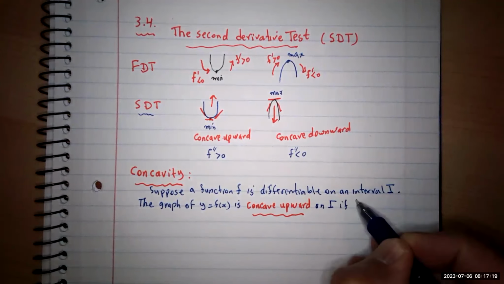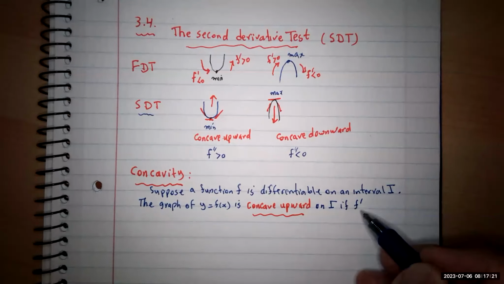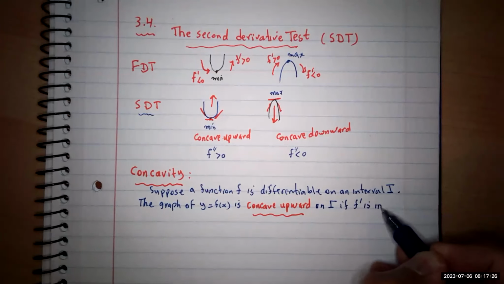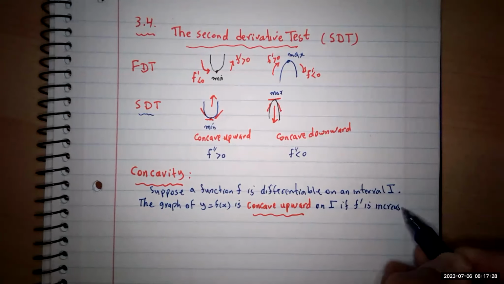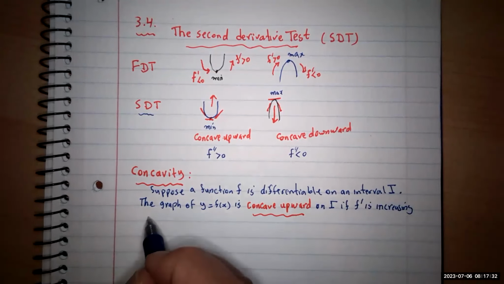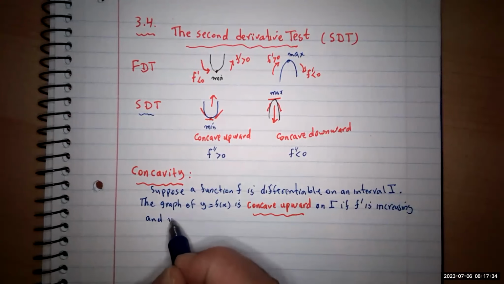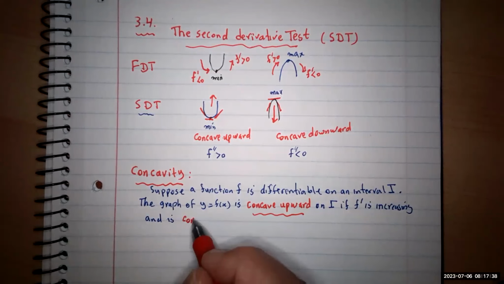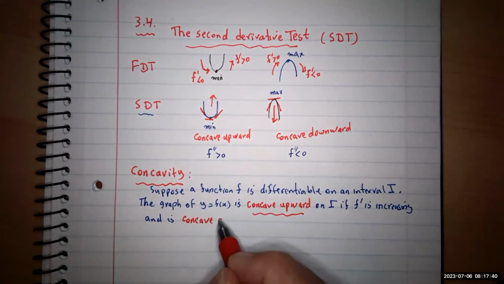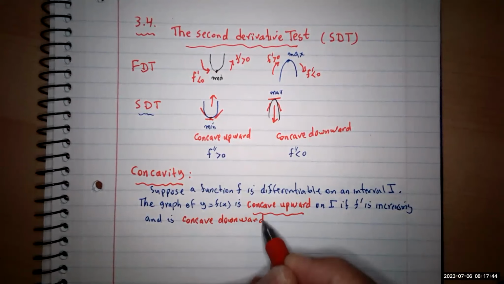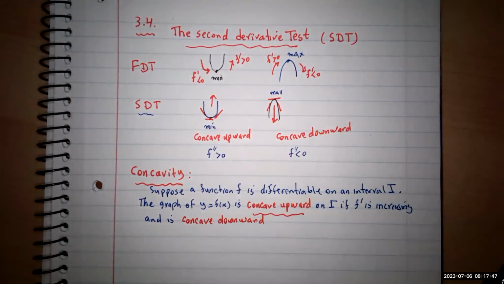There are different ways to express it, and this is the way it's defined in your book. If f prime is increasing, it's like the slope is up, up, up, up, and the graph is concave upward.